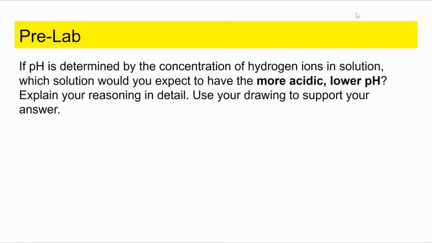Finally, using your model, let's look at if pH is determined by the concentration of hydrogen ions in solution, which solution would you expect to have a more acidic or lower pH? Explain your reasoning in detail. You should definitely use your drawing to support your answer.